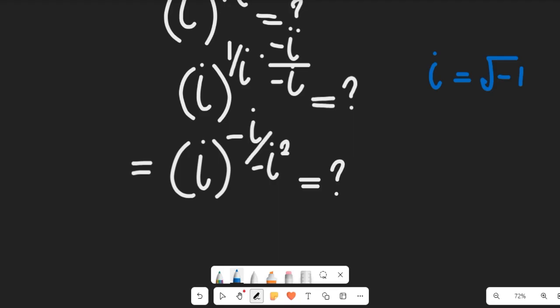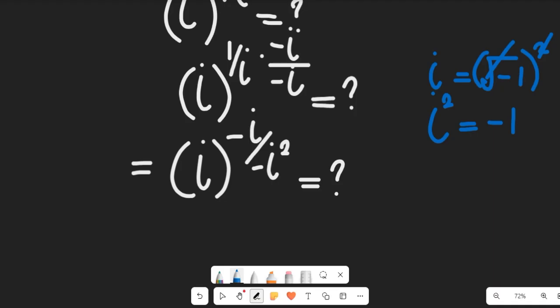So if i is equal to the square root of negative 1, that means if I take the square of both sides, i squared is going to give me negative 1.